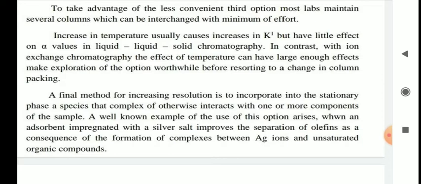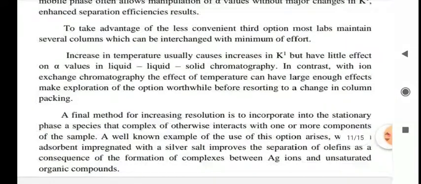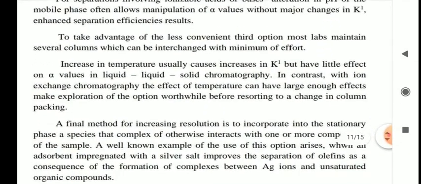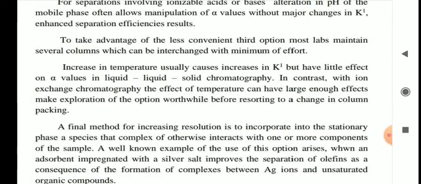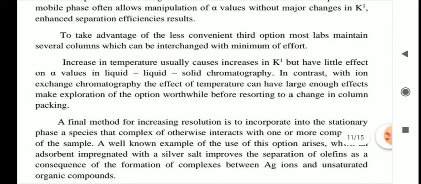So a better separation is possible by using silver ions which have been imparted on the stationary phase on the column. This way we can increase the resolution of the separation.